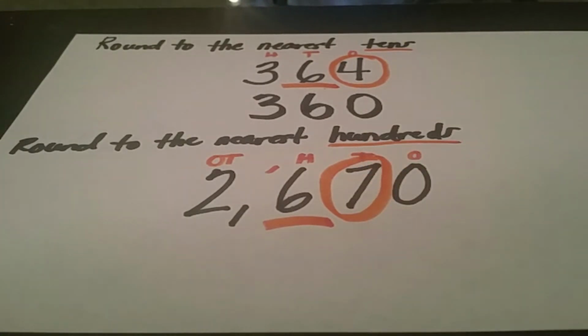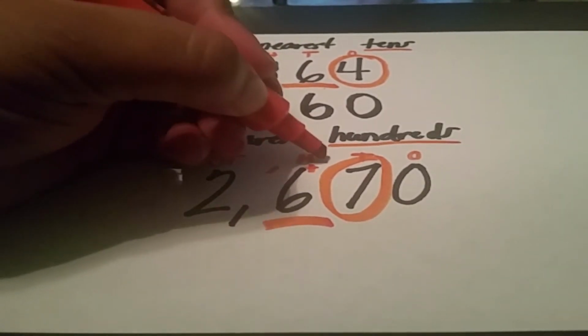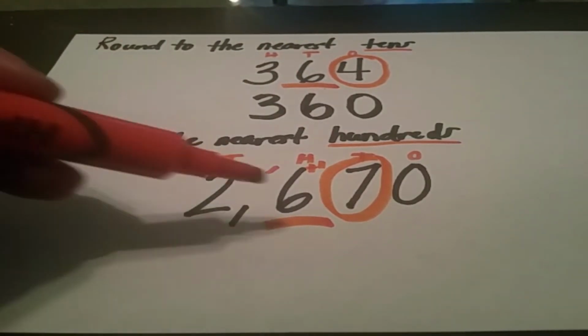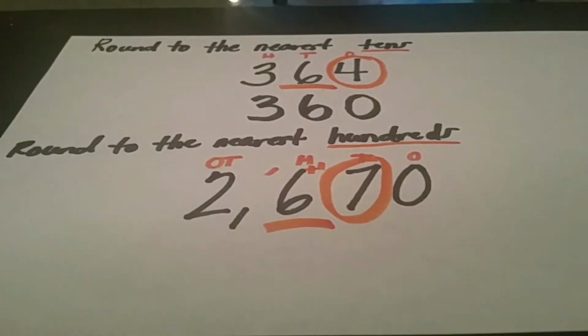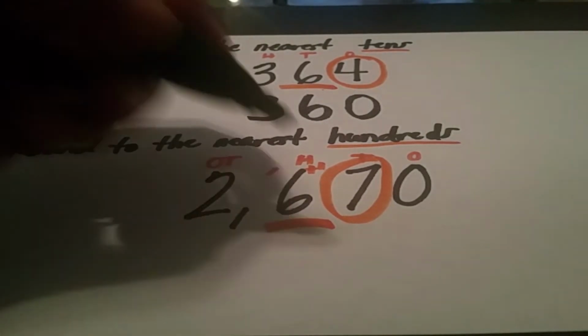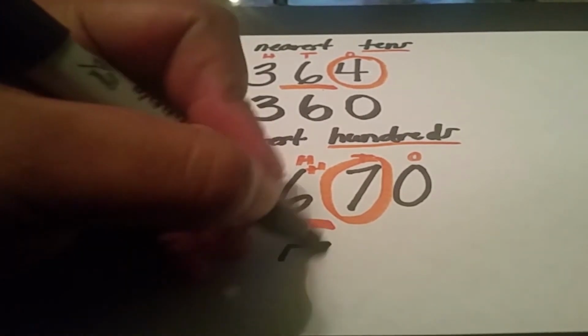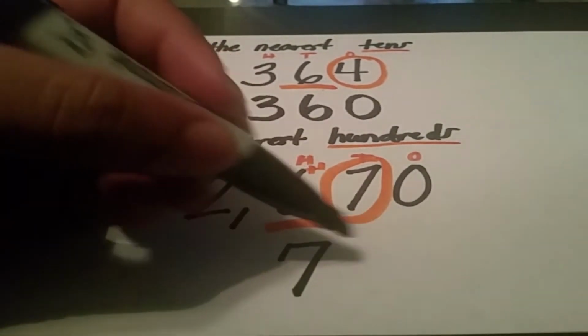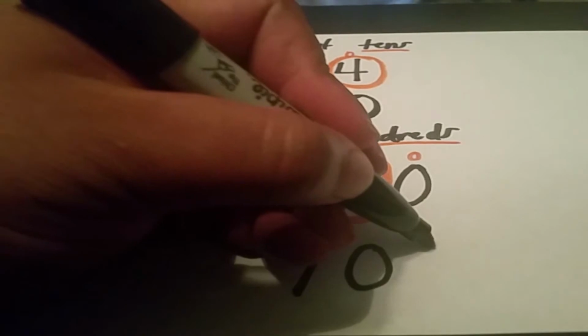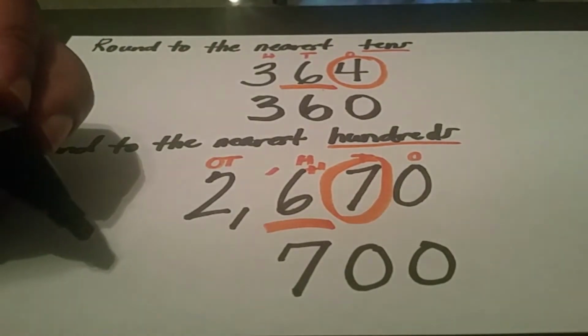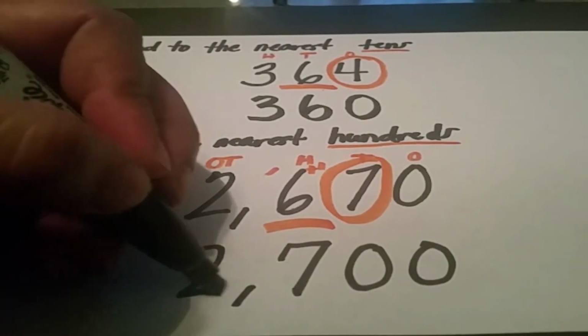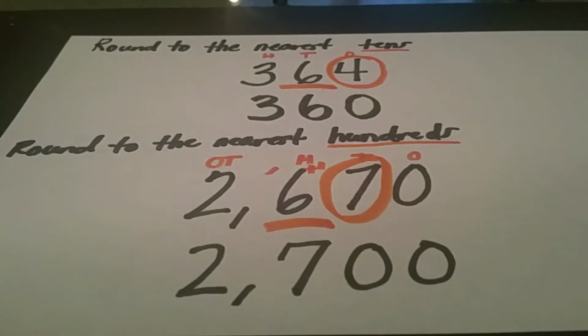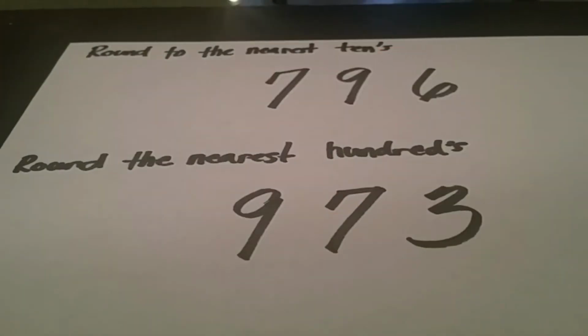So we know we have a 7 because it's 5 or more. So we're going to add 1 to the place value that's underlined. So the 6 becomes a 7. Everything behind turns to 0, and everything in front simply stays the same. And you're done with those problems.